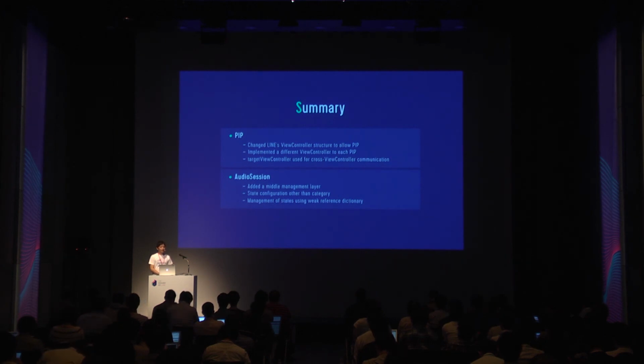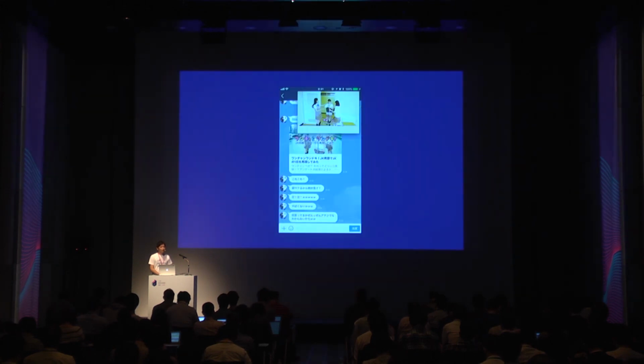Next is about the audio session. We added the middle management layer, and it is using a weak reference dictionary to manage the state. In order to fix the faults, we added some options such as settings other than the session setting of the state. This is how we realized PIP.